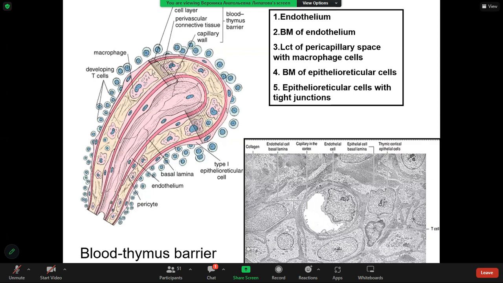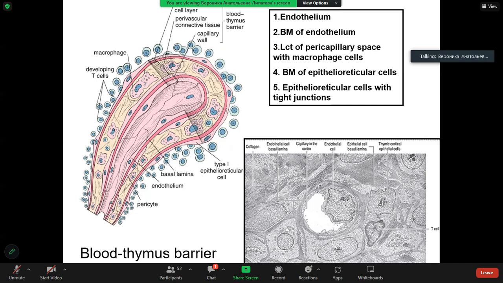After this, remember, the basement membrane of the epithelial reticular cell, because the epithelial reticular cell is an epithelial cell, and for an epithelial cell the presence of a basement membrane is a necessary component.